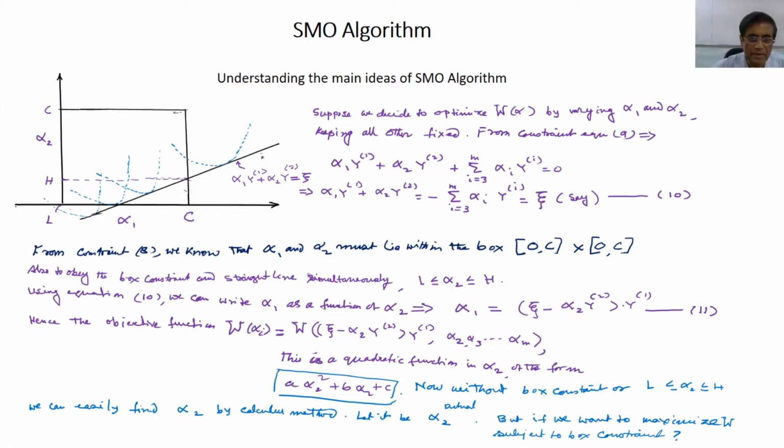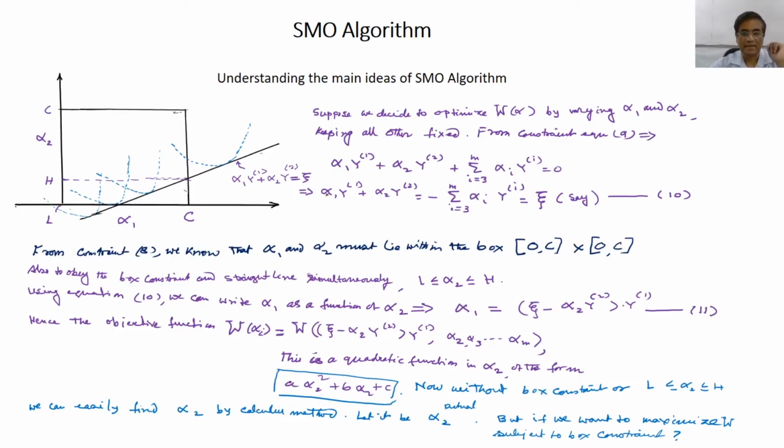But just take one simple case. Suppose this is my constraint, so all my solutions will be lying here. This is the non-feasible zone, which is cancelled. So we could still get the alpha 1, alpha 2 values.